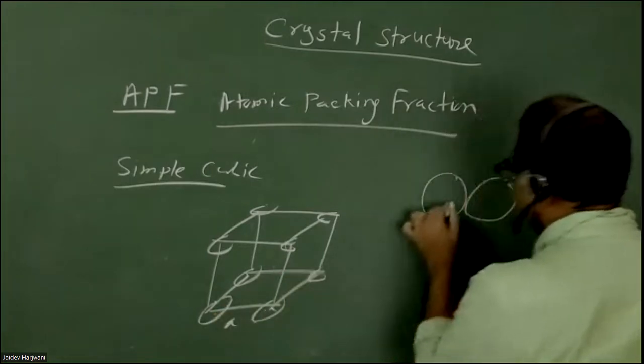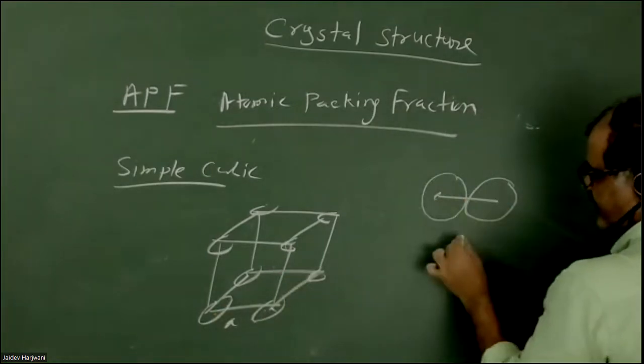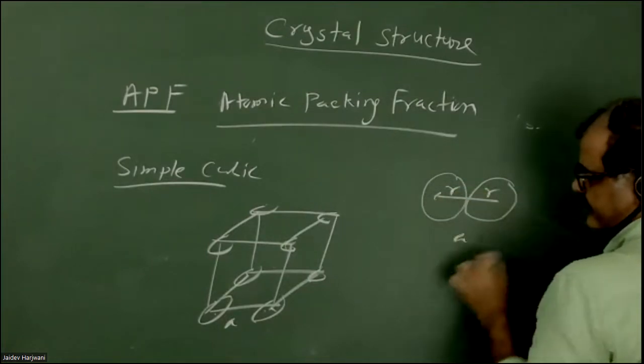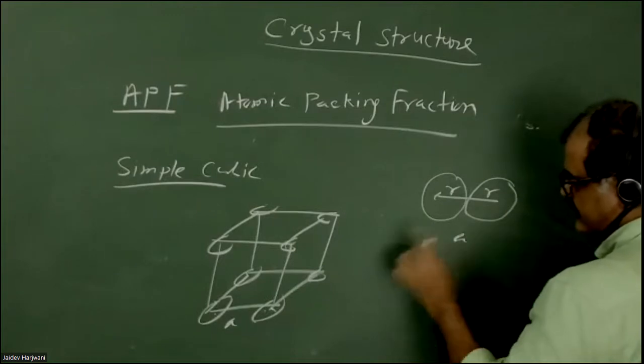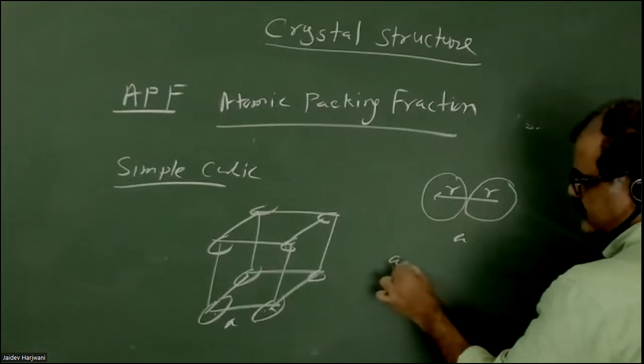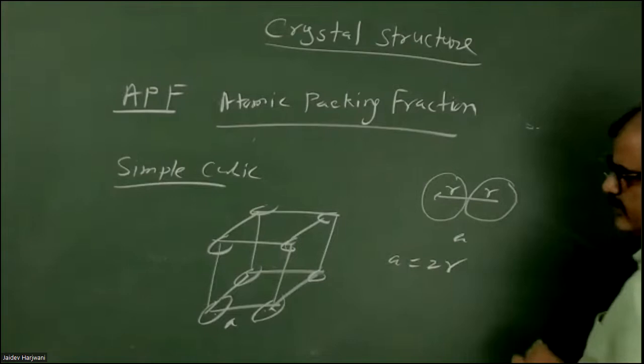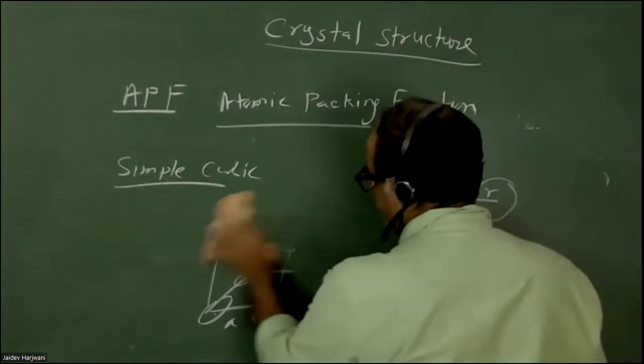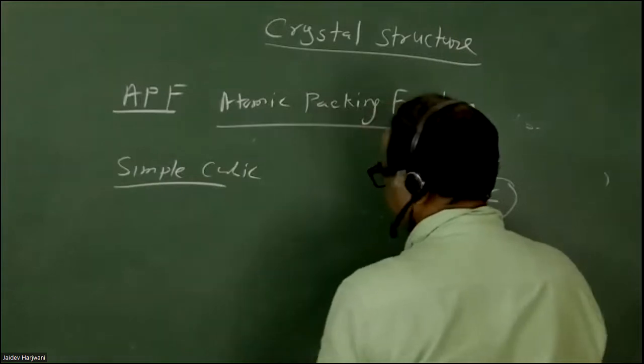This distance is a, this distance is a, and this is the radius of the atom, this is also the radius of the atom. So for the simple cubic system I can write a equals 2r.